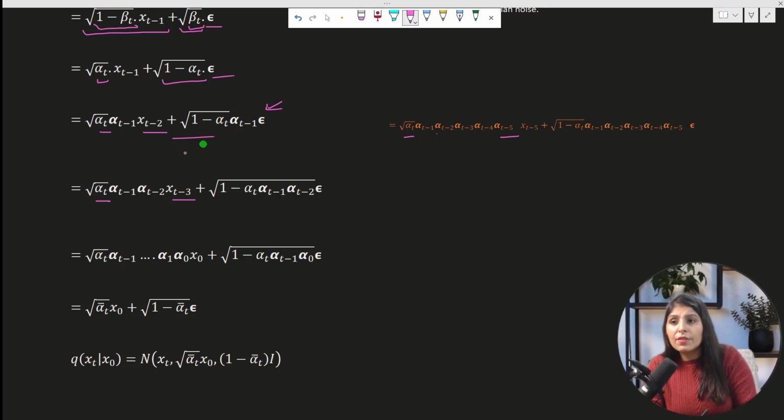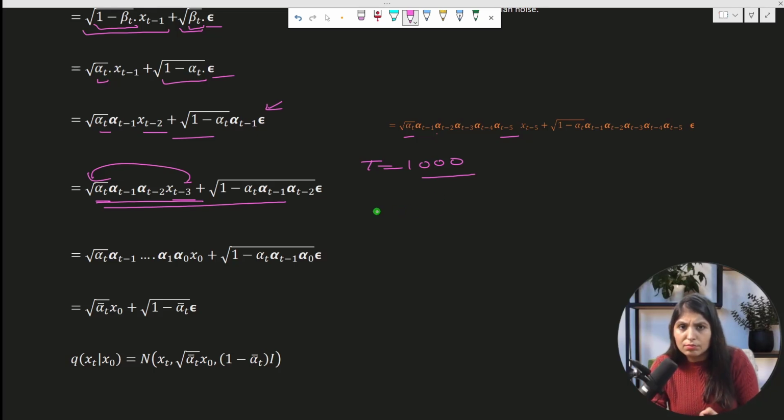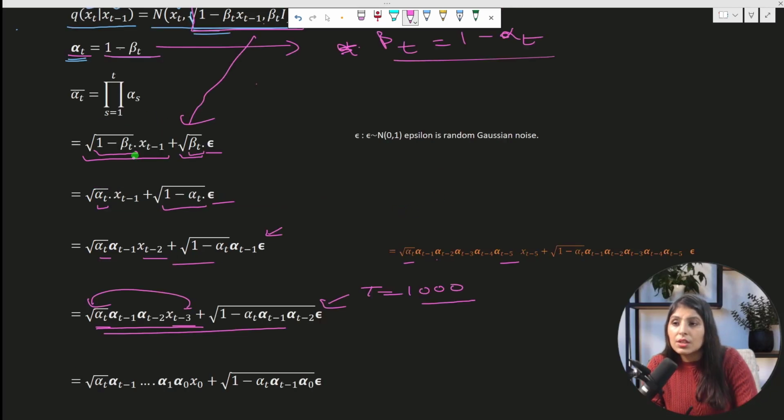But don't you think if we write like this, right now we are writing from t3 to t, but we have 1000 time steps. And if you write this formula for all the 1000 steps, this is going to be a long line, right? This is why we have defined the cumulative product of all alphas from time steps 0 to t over here.